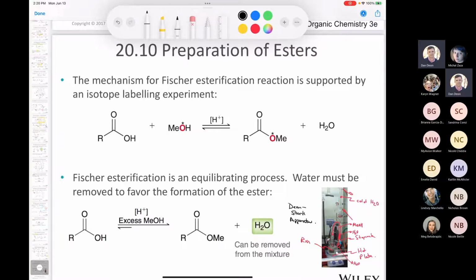If you put a radio-labeled oxygen, so a higher mass isotope of oxygen, in a methanol molecule, and then you look at the structure of the ester that's produced, what we find by NMR is that the oxygen that was radio-labeled is incorporated into this carbon-oxygen bond here. And so that's further proof for the mechanism of Fischer esterification.